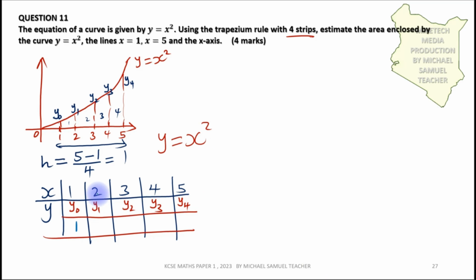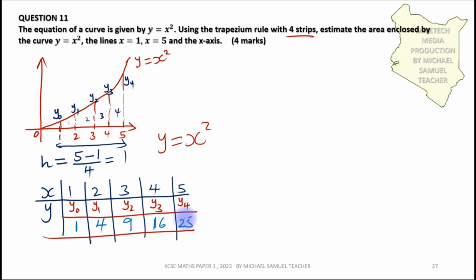When x is 2, y is 2 squared, 4. When x is 3, y is 3 squared, which is 9. When x is 4, y3 will be 16.